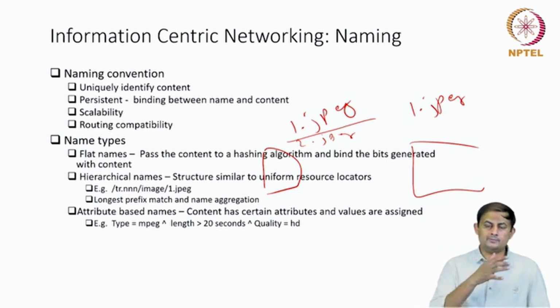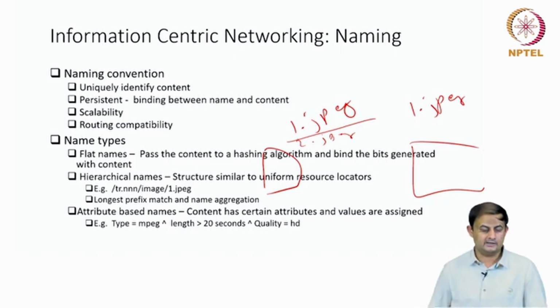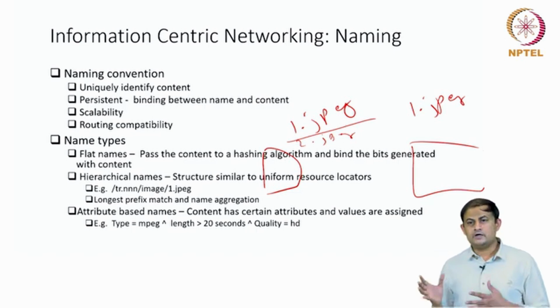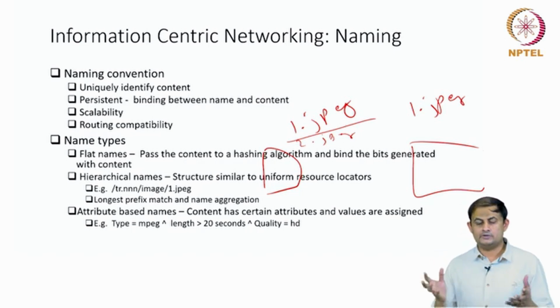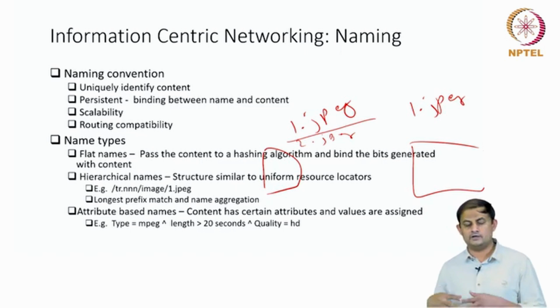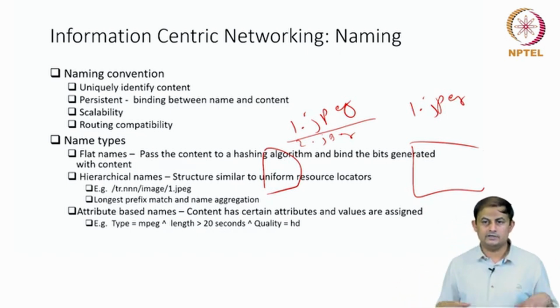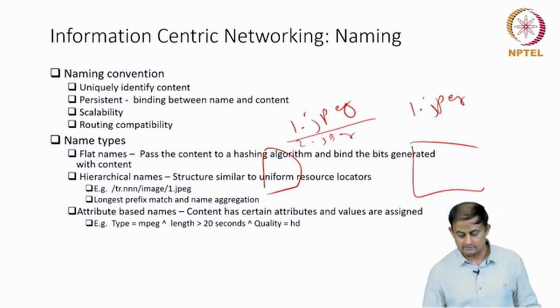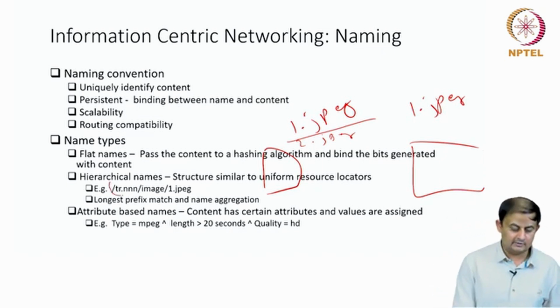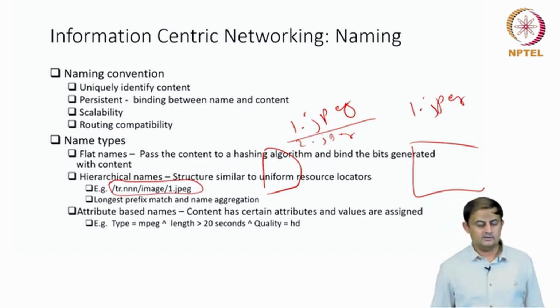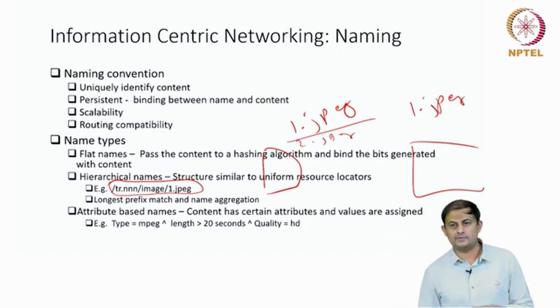The second way of naming the content is using something called the hierarchical naming format. What it does is, instead of naming the content as 1.jpeg or 100.jpeg or 1000.jpeg, I bring some structure to the content that I generate, in the sense that I am going to use a naming convention which looks much like a URL. So here in this case, tr.nnn and then slash images slash 1.jpeg.